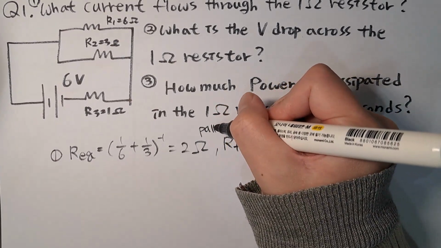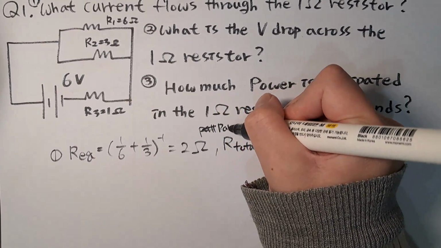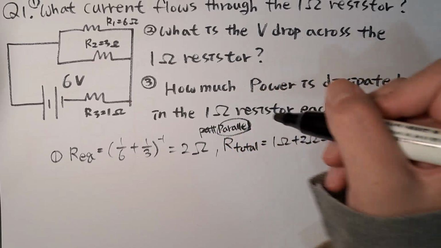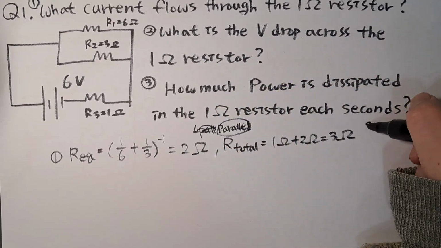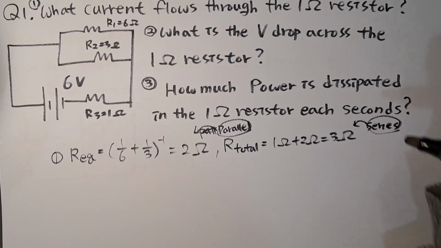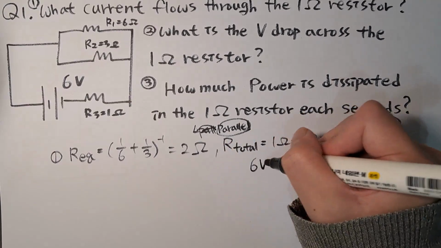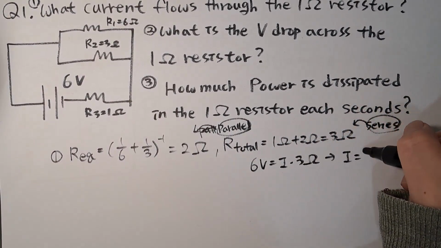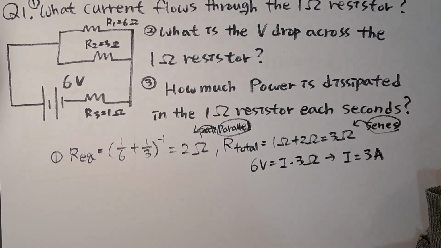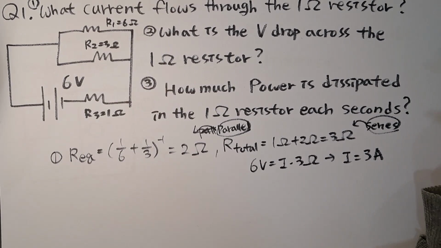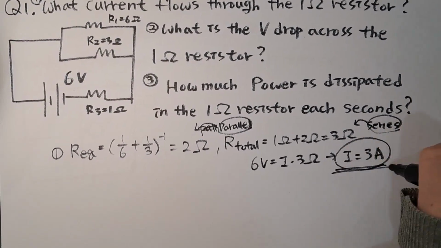This is for parallel circuit and this is for series circuit. So the current flow through the 1 ohm resistor is going to be 3 ampere.